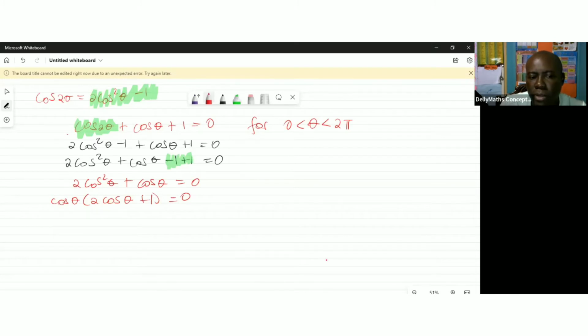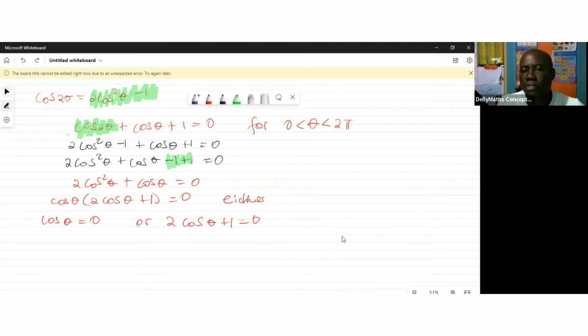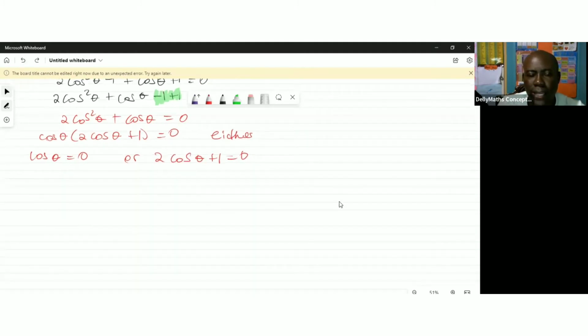Remember, two things multiplying to give 0: we could say either cos theta is equal to 0 or 2 cos theta plus 1 is equal to 0. So we have two situations that we want to look at.